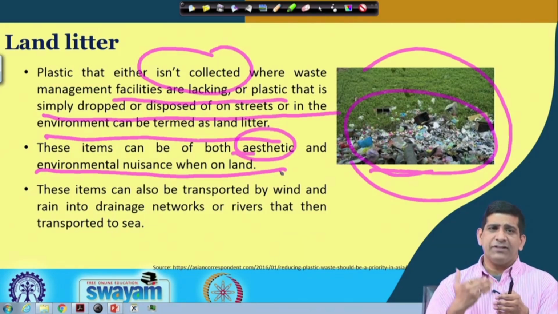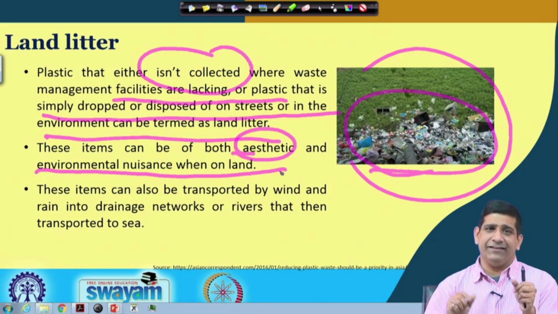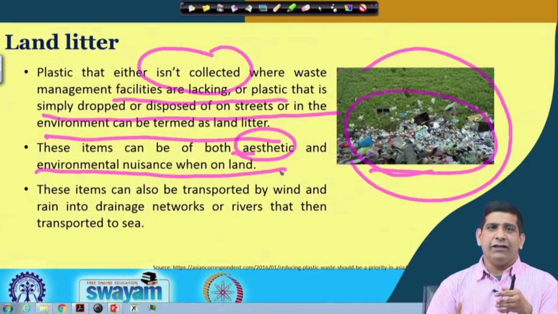What happens is that these cows, by mistake, consume this plastic, especially thin plastic, and it stays in their body. It does not degrade and does not get digested. Since it stays in the stomach, they don't feel hungry, but there is no nutrient value coming from the plastic. When they don't feel hungry and there is no nutrient source going into the body, they get weak. Although the stomach is full, it is full of plastic, and plastic is not providing any energy.